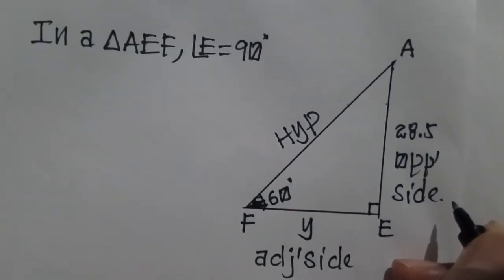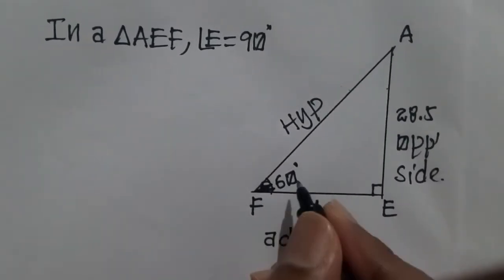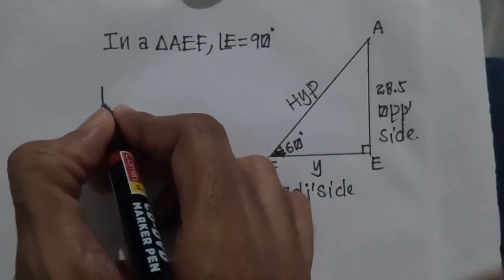Now we will find tan theta. Tan theta is equal to opposite side to theta by adjacent side to theta. Here theta is equal to 60 degrees, therefore we will take tan 60 degrees.